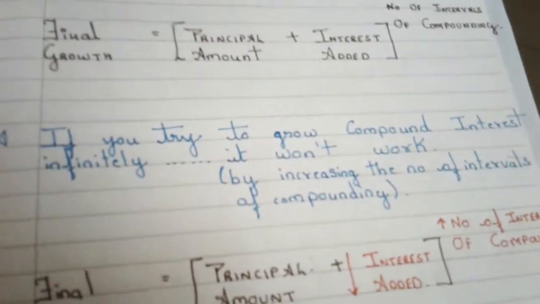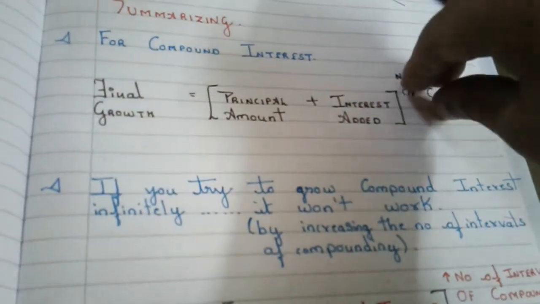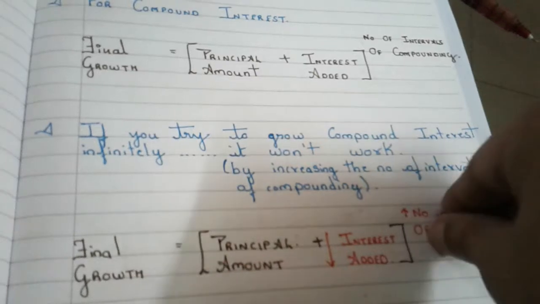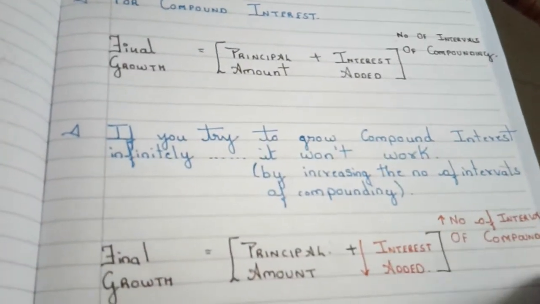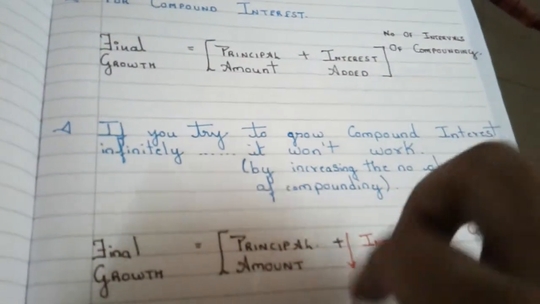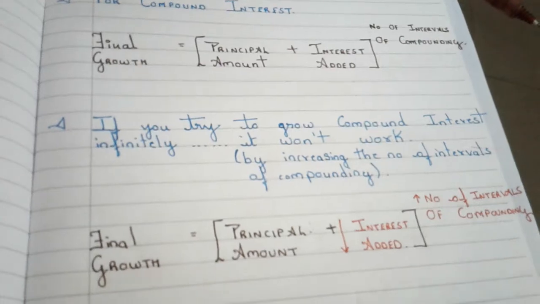You actually try to grow compound interest usually by increasing the knob on this. This is like a knob, you keep increasing it. So when you try to increase the knob here, that is the number of intervals of compounding, the amount that you get after every compounding keeps reducing. Nature keeps reducing the knob here.